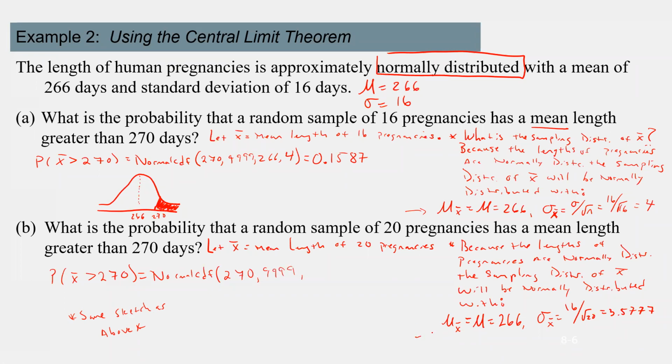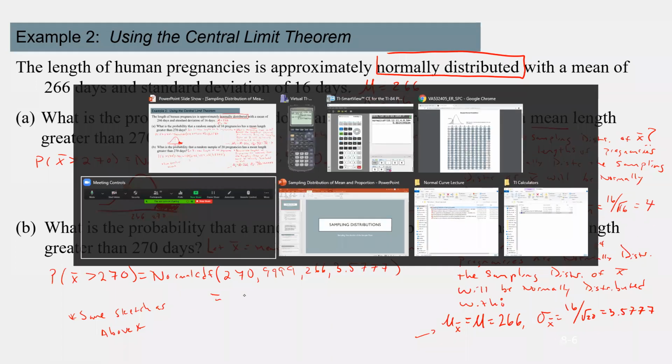My mean is going to be this right here, 266. But what value am I going to put in for the standard deviation? Yeah, it's this value that you compute over here, 3.5777. I'll do it in the TI-84 here.